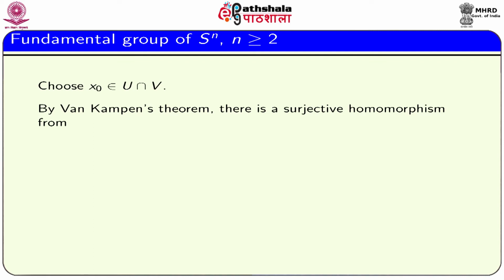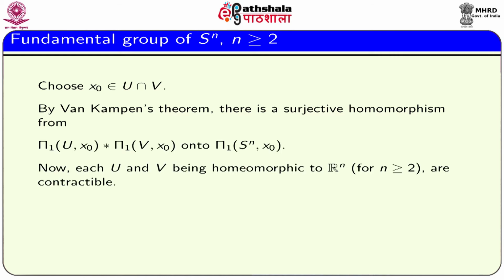By using Van Kampen's theorem, there must exist a surjective homomorphism from π1(U, x0) free product π1(V, x0) onto π1(Sn, x0). Now, each of U and V being homeomorphic to Rn for n greater than or equal to 2, these two spaces are contractible.